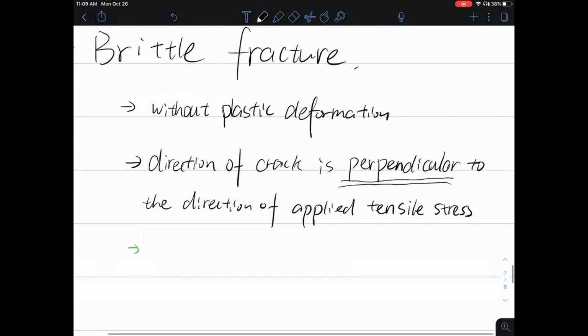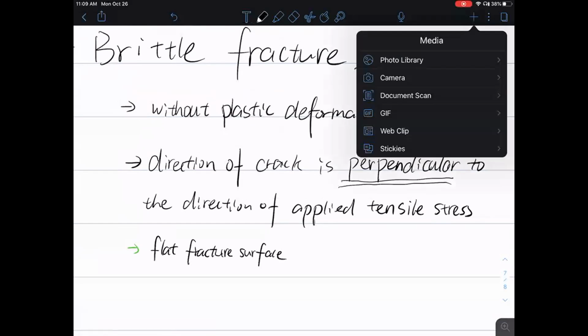Third thing about brittle fracture is you're going to end up with a flat fracture surface. We saw that from a picture I showed you earlier.